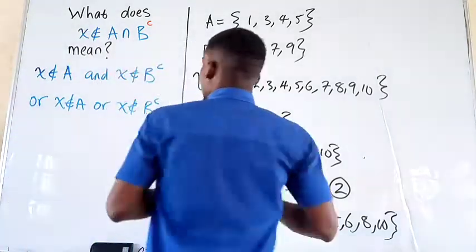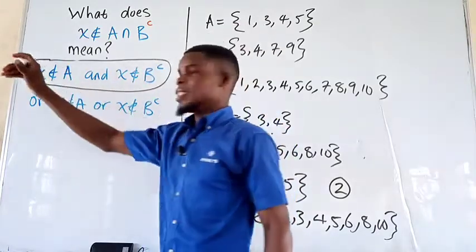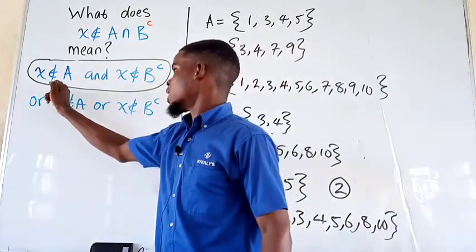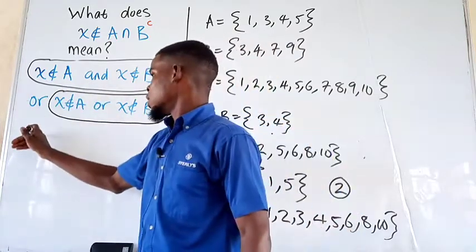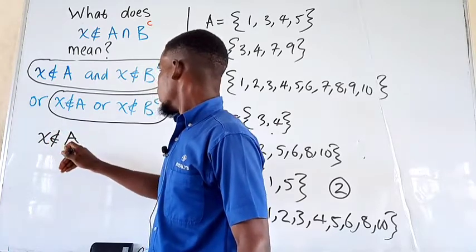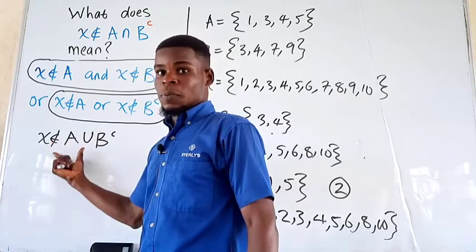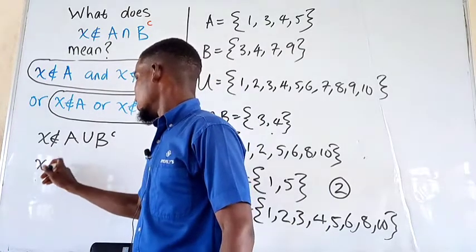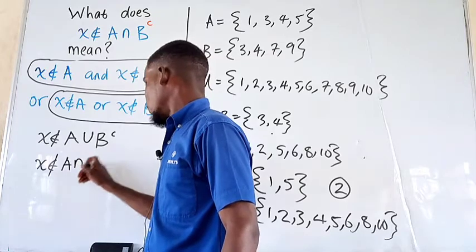So it could also mean that X is not in the union of A and B complement. This is one possibility, and the other possibility is that X is not in the intersection of this.